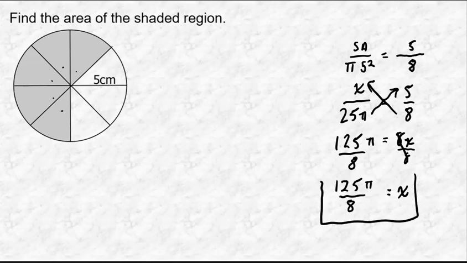Okay, let's address one other thing. I'm leaving the answer 125 pi over 8 because I'm not doing anything with it. In other words, I'm just answering this question. So this is 125 pi over 8 centimeters, I guess. I did kind of gloss over the units.